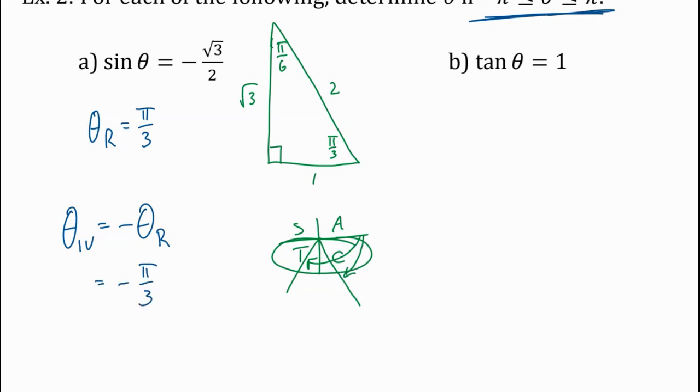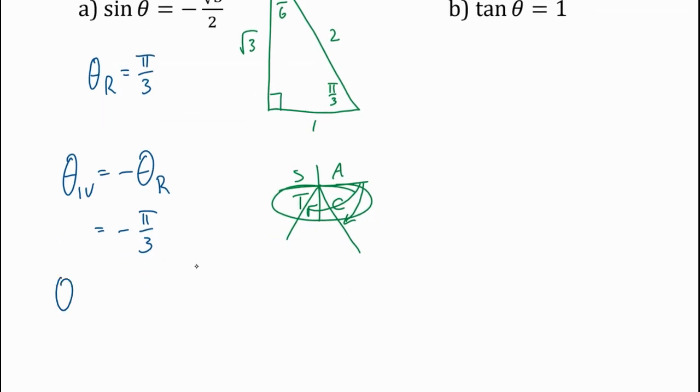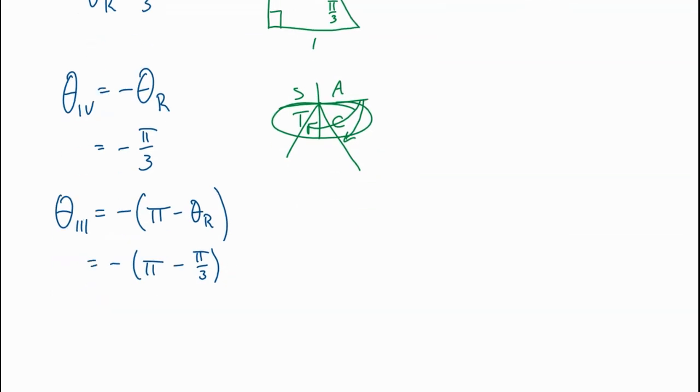So what about in quadrant 3, the second quadrant? Would it be pi minus pi by 3? Yes, close. So it would be negative pi minus theta related, because that's the quadrant 2 formula, and I've traveled 2 quadrants, but I've gone the other direction to go to quadrant 3, so I put a negative out in front of it.